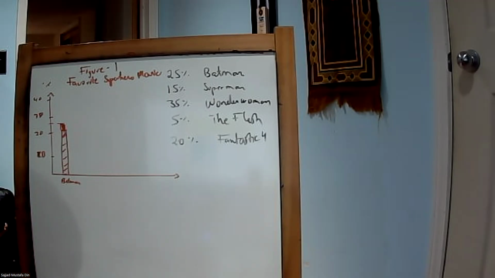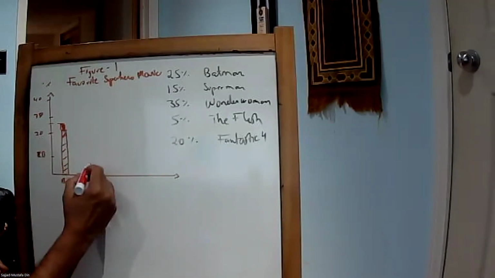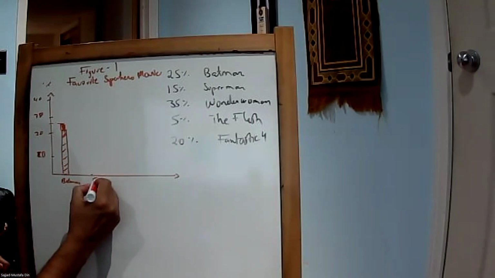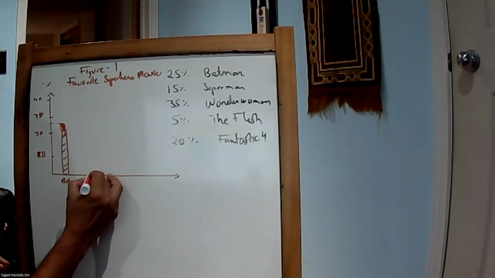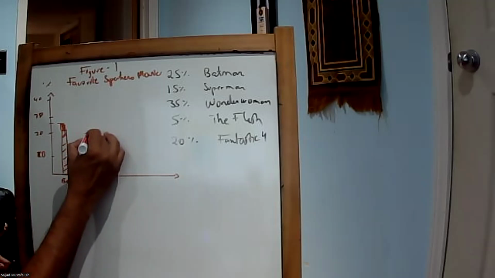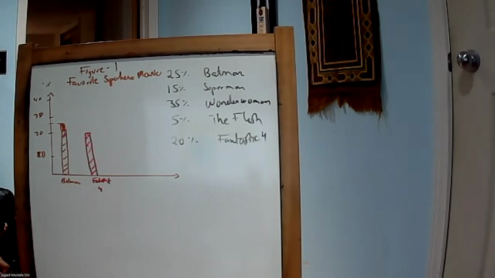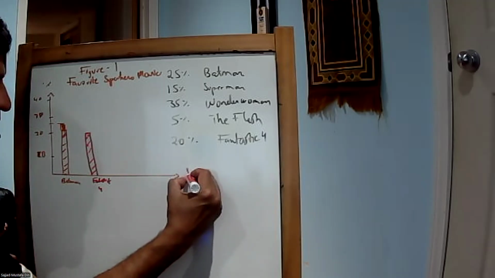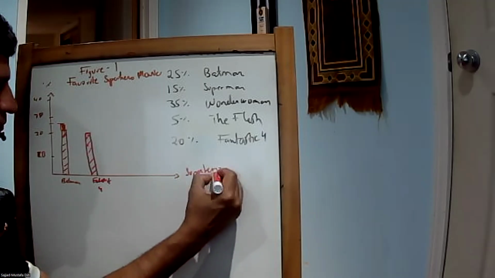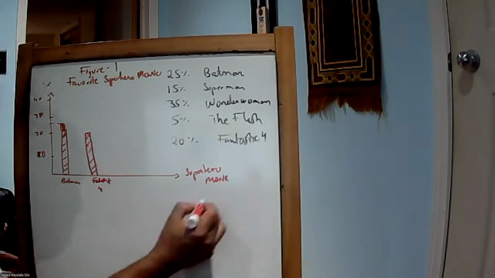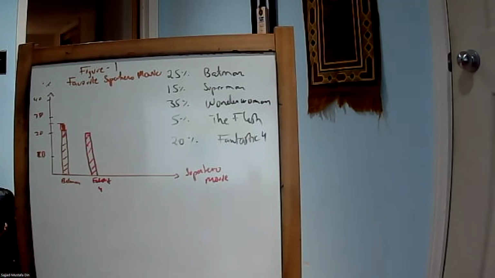Number 2, alphabetically, A, B, C, D, E, F, G. So that would be Fantastic Four. Fantastic Four, and it has 20%. So you can see the comparison, right? Next, what are we going to do?